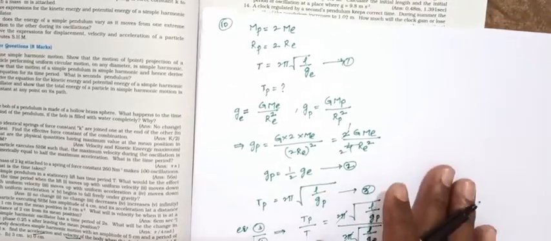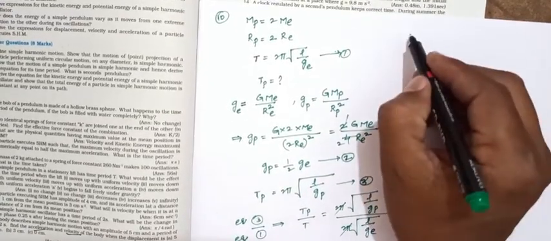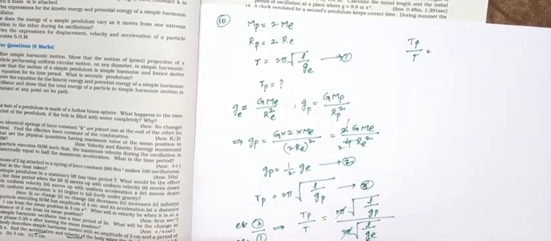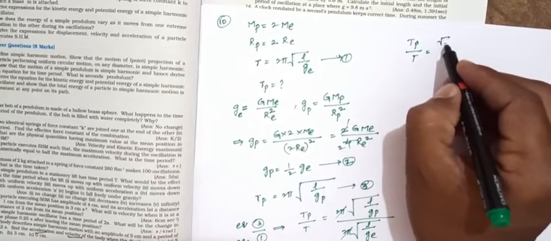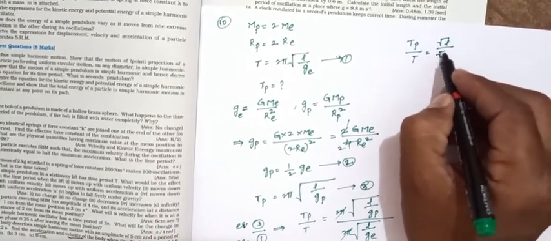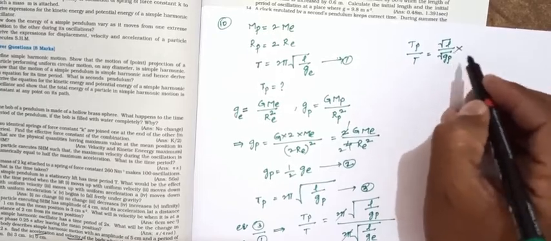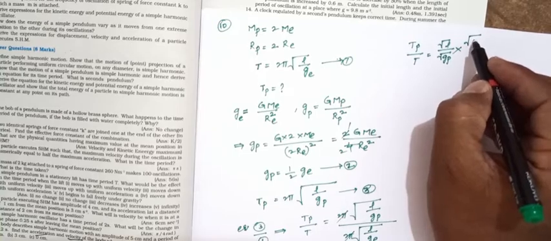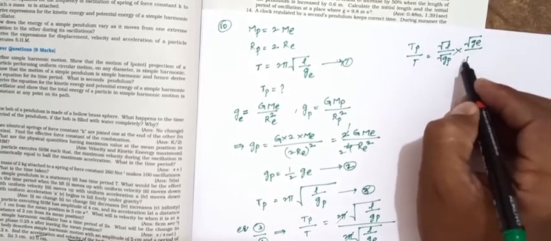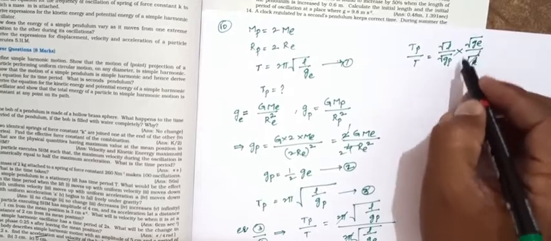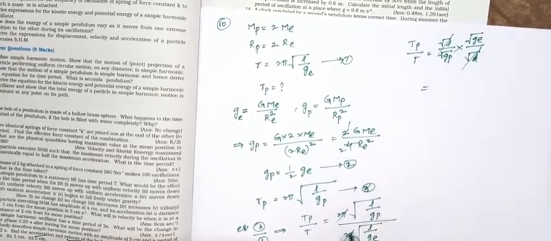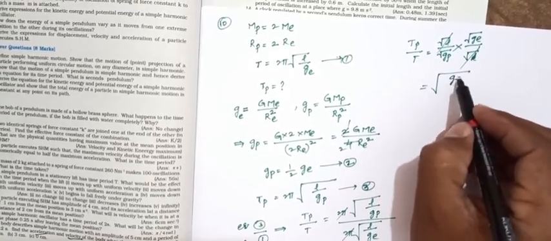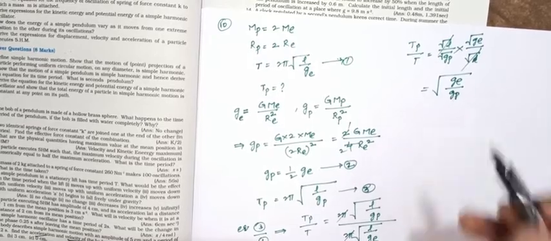We can take Tp by T equals root L by root gp into root ge divided by root L. Root L gets cancelled, that equals square root of ge by gp.